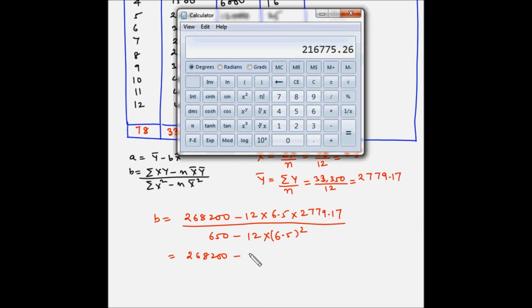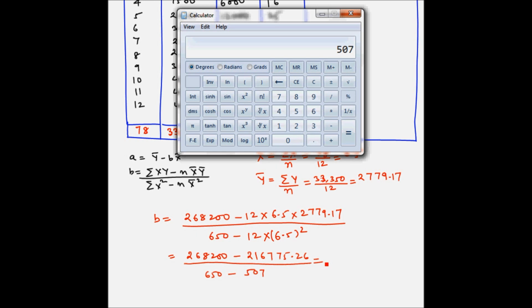So this becomes 216,775.26 divided by 650 minus, so 6.5 square multiplied by 12, that is 507.